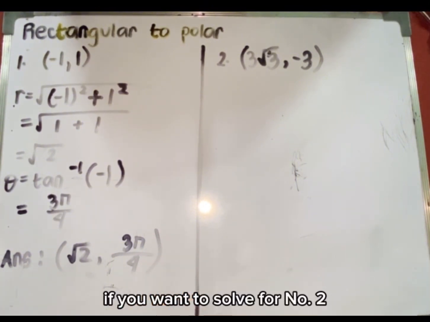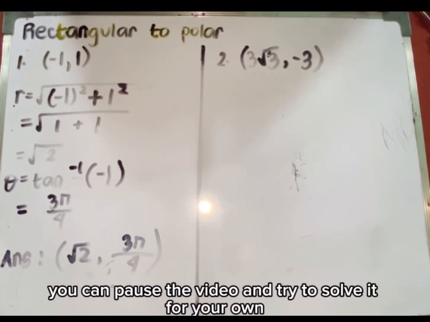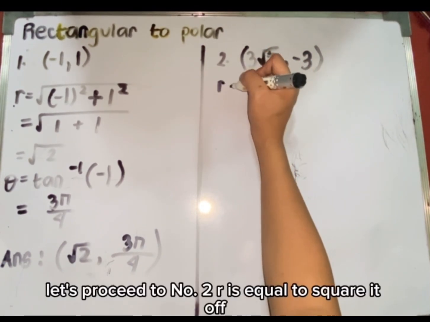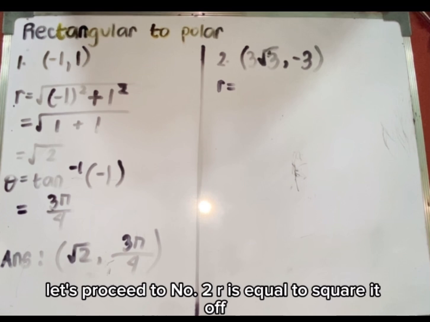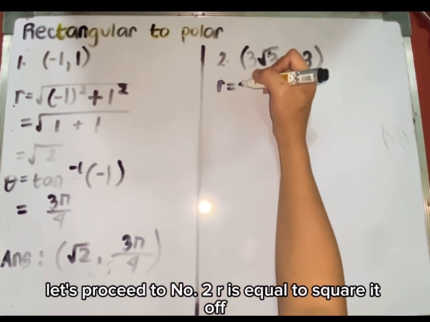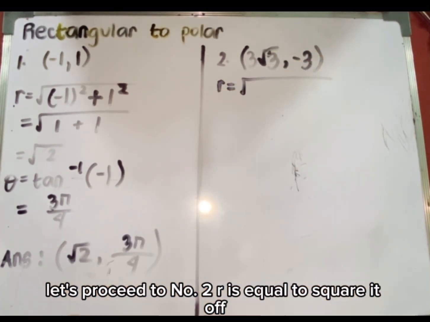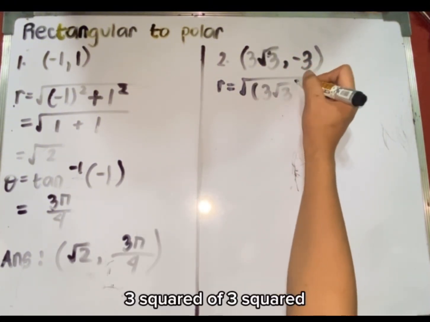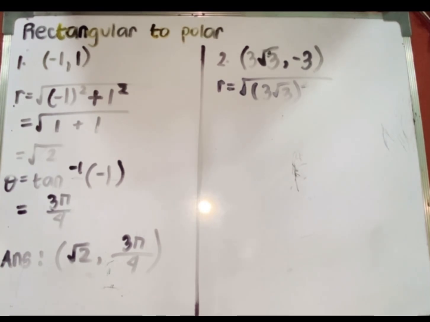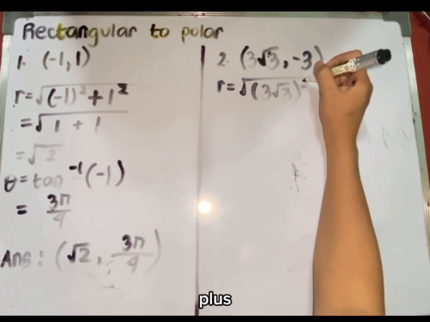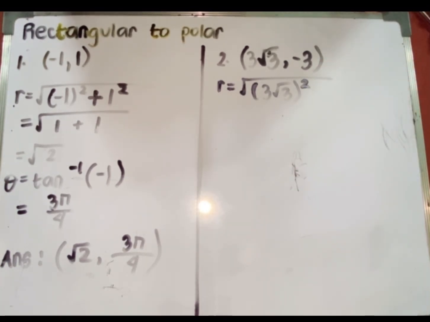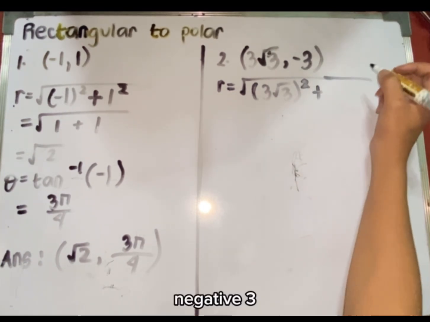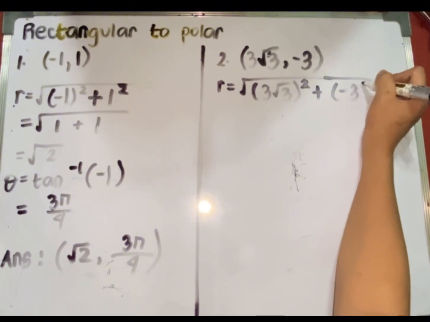If you want to solve number 2, you can pause the video and try to solve it on your own. Let's proceed to number 2. r is equal to square root of 3 square root of 3 squared plus negative 3 squared.